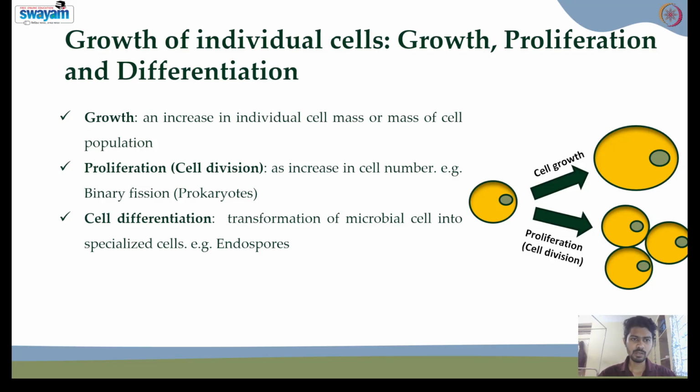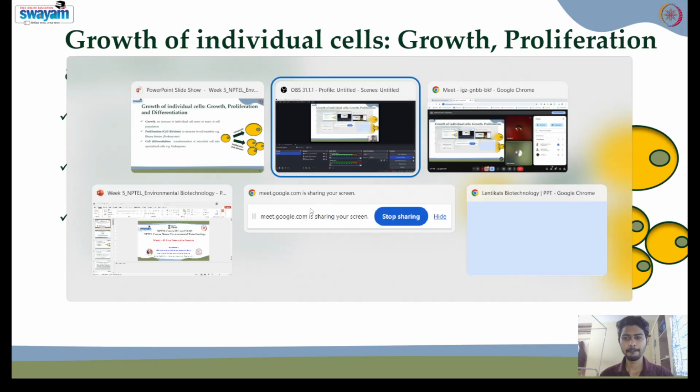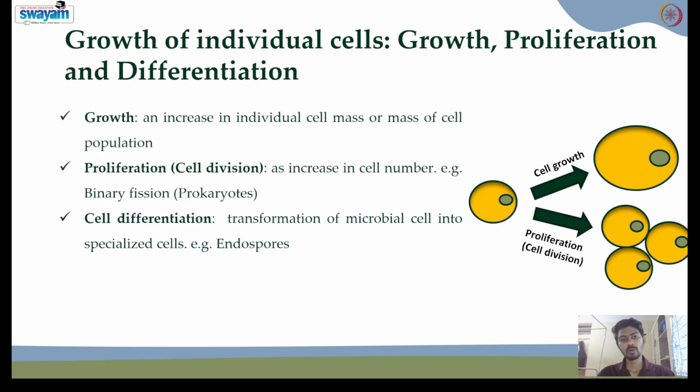Here we will focus on the growth of individual cells. So how are cells growing? Here we will be seeing three important concepts. One is growth, next is proliferation, and third is differentiation. So what do you mean by growth? Growth is nothing but cell growth.